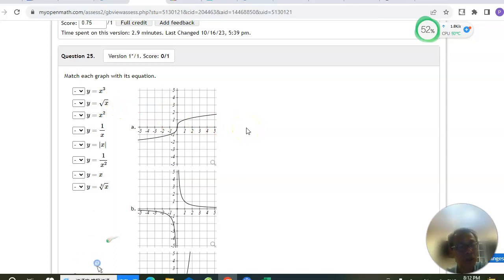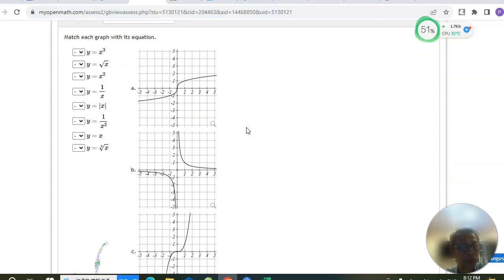The first graph is not common, so let's not look at graph A first. Let's look at graph B. As I told you in my previous YouTube video, this is the function y equals 1 over x, because as x becomes bigger and bigger, y becomes smaller and smaller. When x becomes smaller and smaller, 1 over x becomes bigger and bigger.